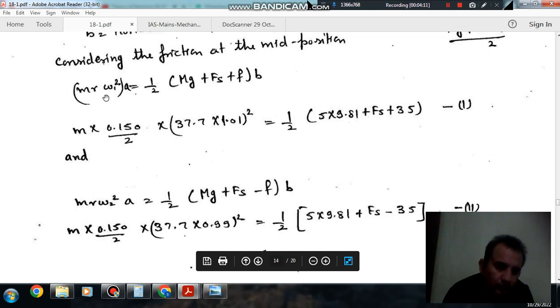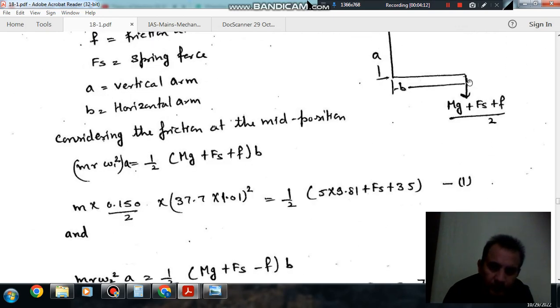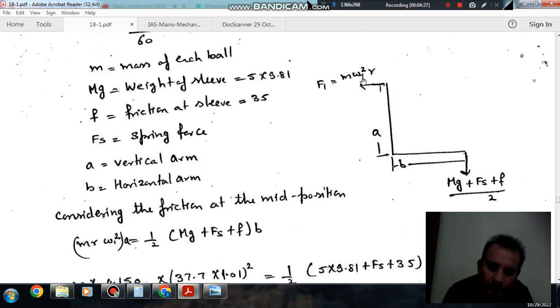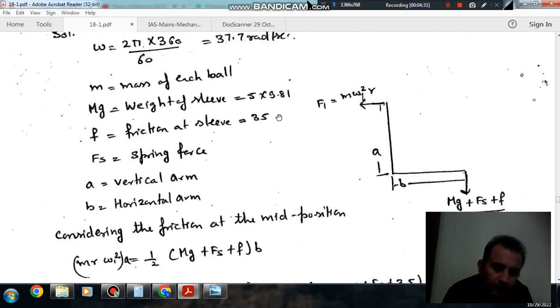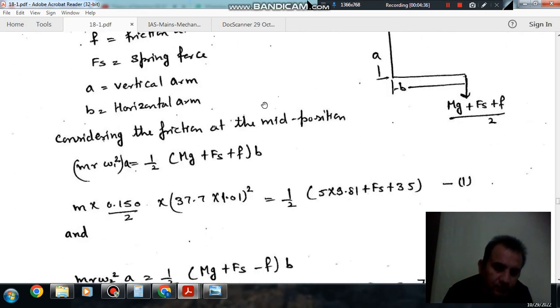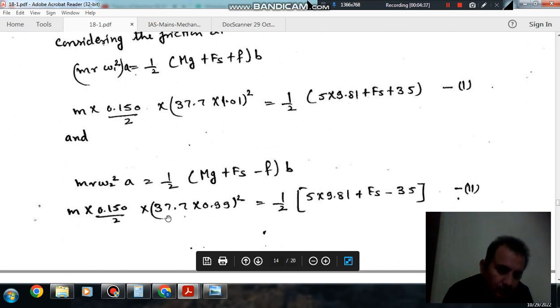Now when the sleeve is trying to move up, the force of friction will be acting in downward direction, and when it is trying to move down, the force of friction will be acting in upward direction, so it will be minus here. The speed here will be the minimum speed, omega 2, which at the mid position is mean speed into 0.99.